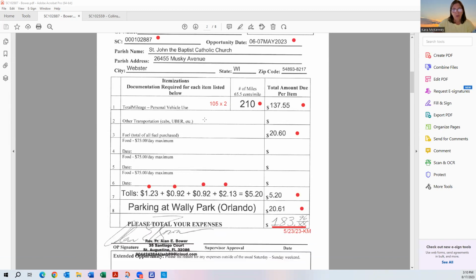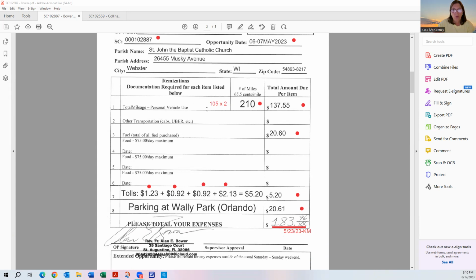Then you go through your different expenses. So on line 1, this is used for total mileage used for your personal vehicle. So for instance, if you go from your home to the airport in your car, you would need to do this. You would put the miles. So for instance, Father Bauer went 105 miles each way.